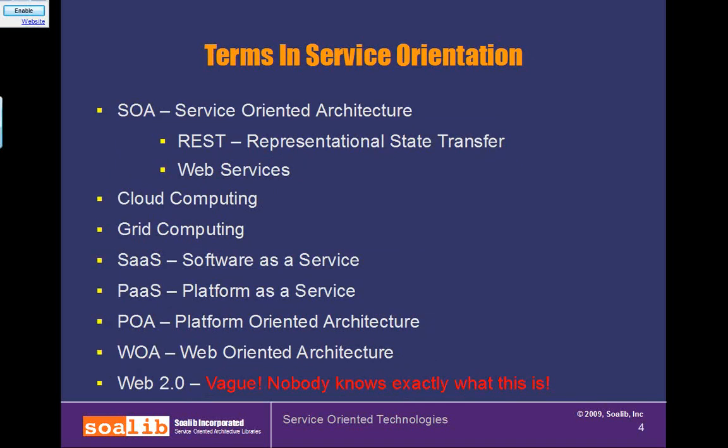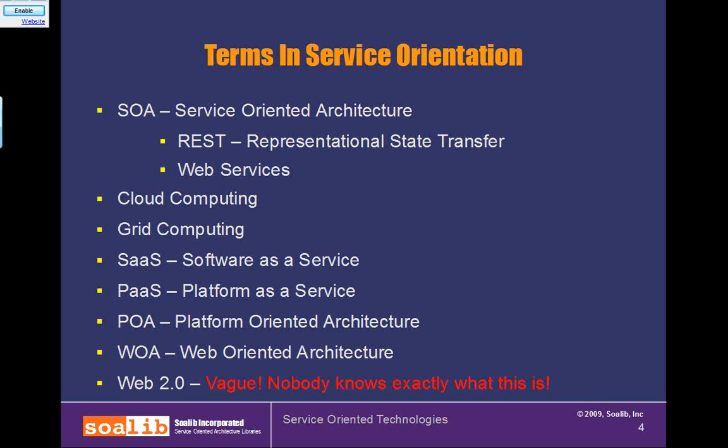Now, in this 1 hour, what are we going to learn? We are going to learn about service-oriented architecture and two implementations. The current popular implementations are REST and web services. These are part of service-oriented architecture implementation. REST means representational state transfer, and web services is also another standard for realization of SOA.